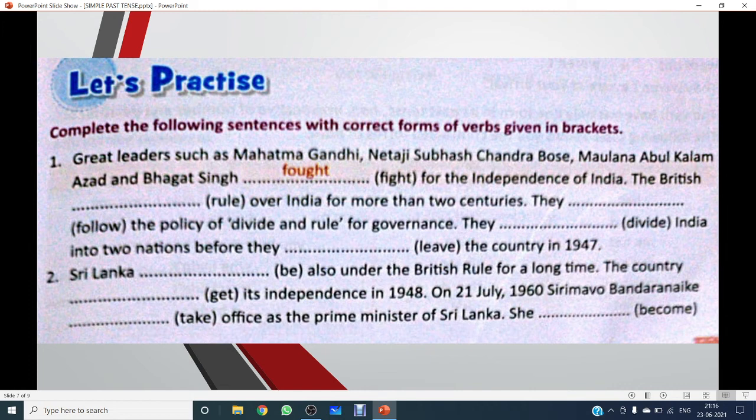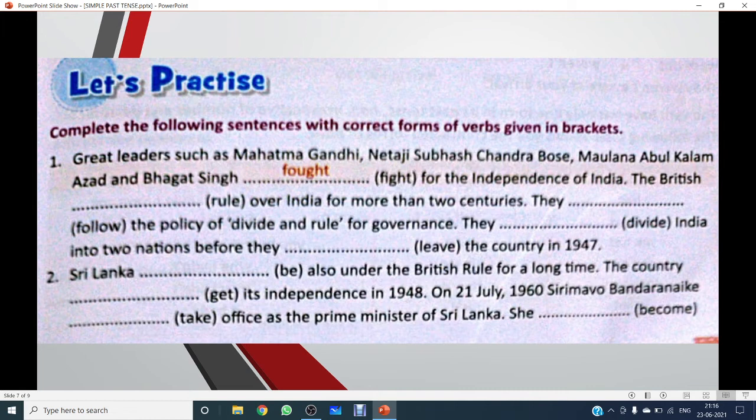They followed the policy of divide and rule for governance. They divided India into 2 nations before they left the country in 1947.